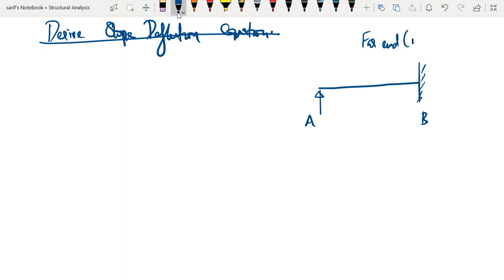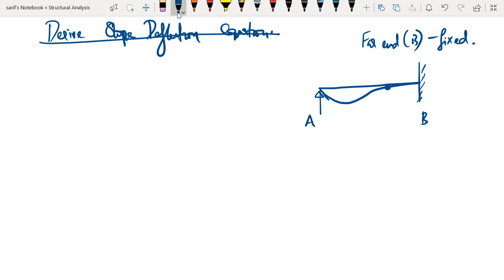Far end is B and it is fixed. Now if you want to produce a clockwise rotation here, the deflected shape would be something like this. The point of contraflexure would come somewhere here. Till this region it is going to be sagging, and from somewhere here it is going to hog.